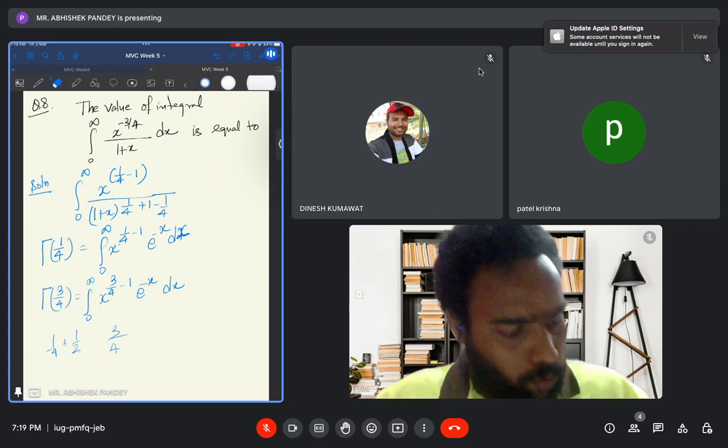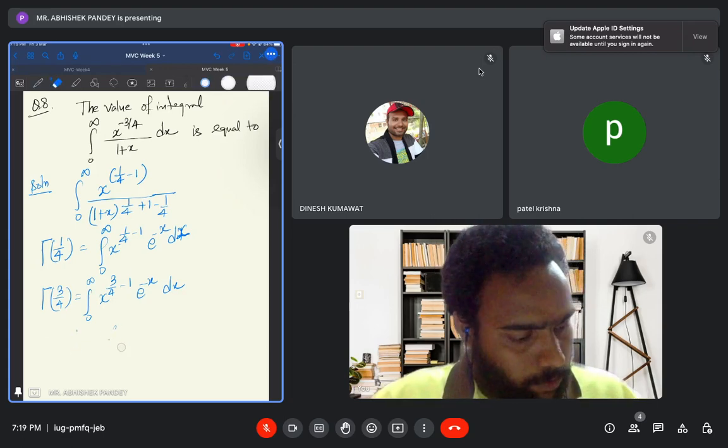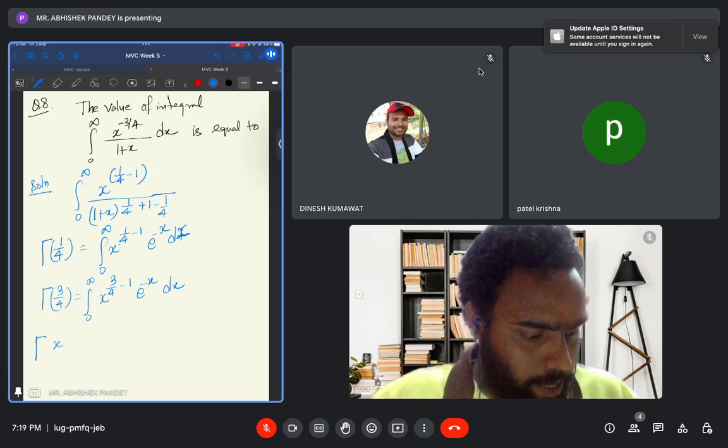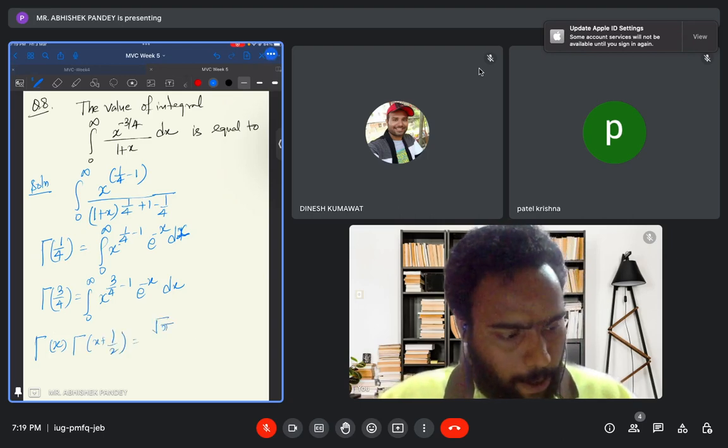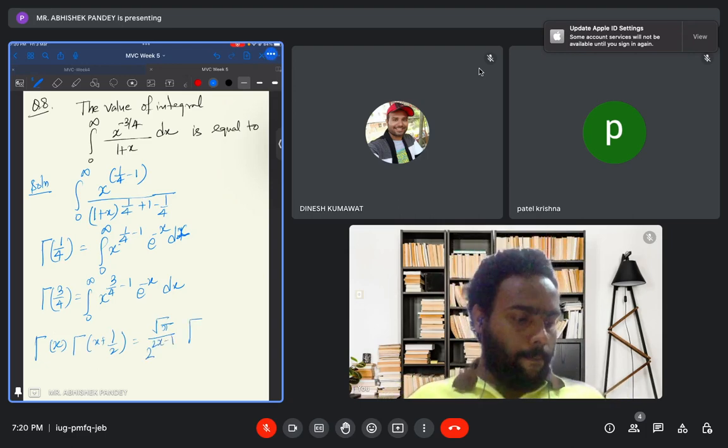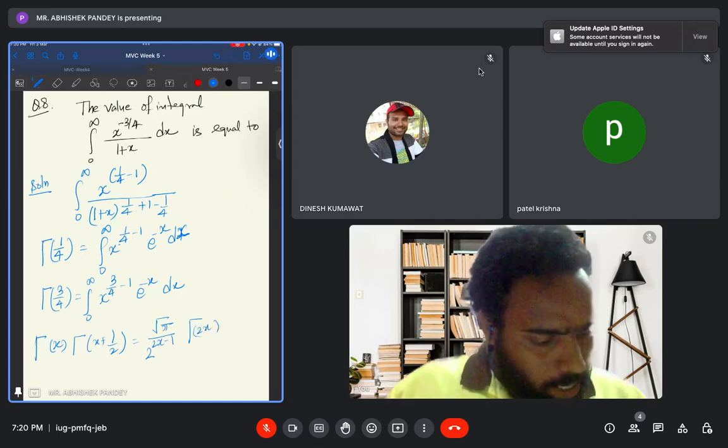One thing we know, this standard formula: gamma of x times gamma of x plus 1 by 2 is basically equal to root pi into 2 to the power 1 minus 2x into gamma of 2x, isn't it? This is the standard formula I have written.